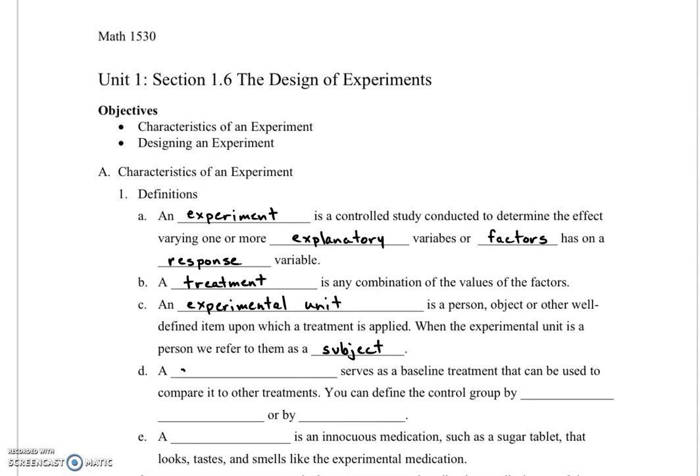A lot of times when we do an experiment, we also have a control group. And a control group serves as a baseline treatment that can be used to compare to other treatments. You can define the control group by either accepted practice, meaning this is common and this is what everybody agrees to use as a control group, or by placebo.